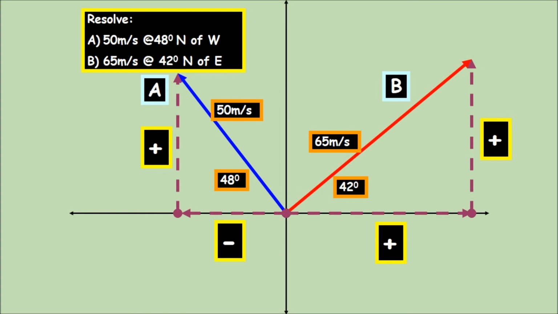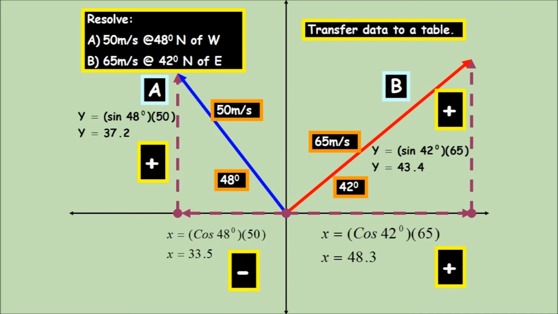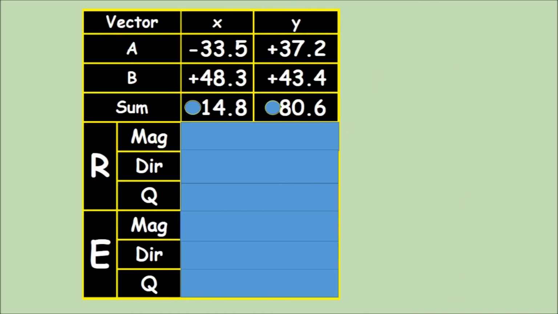So you're taking the resultants and working backwards. The B vector is going to be positive, positive, and the A vector is going to be negative x and positive y. There's the math for each of them, and a corresponding hint relative to the signs of each. Put those into a table, and that's what I get for the table.